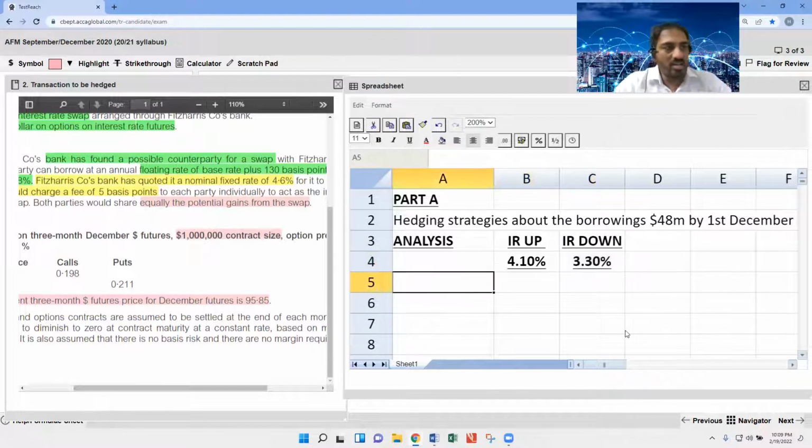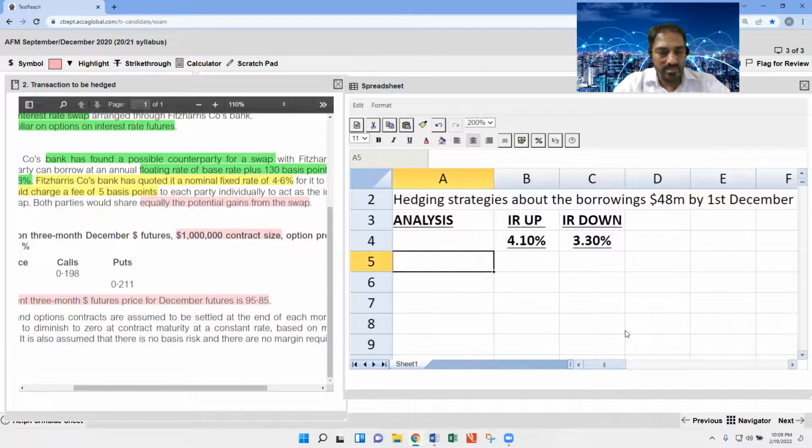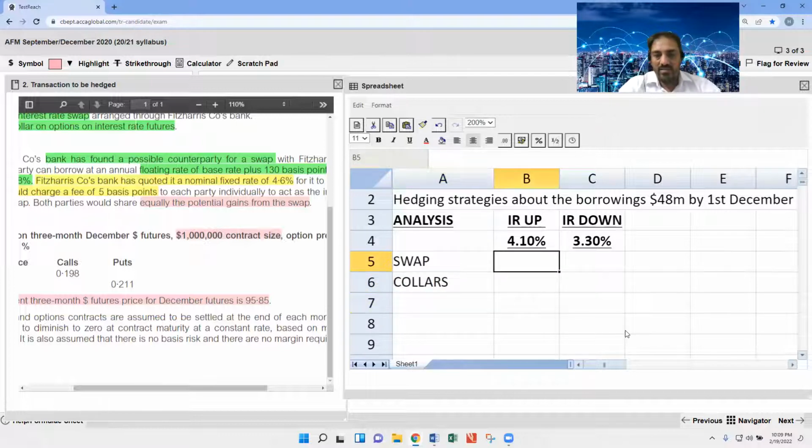Now come on. There are two strategies. Number one, swap, and number two, collars. A very important thing about the swap, we have to know that swap is a long-term forward contract.